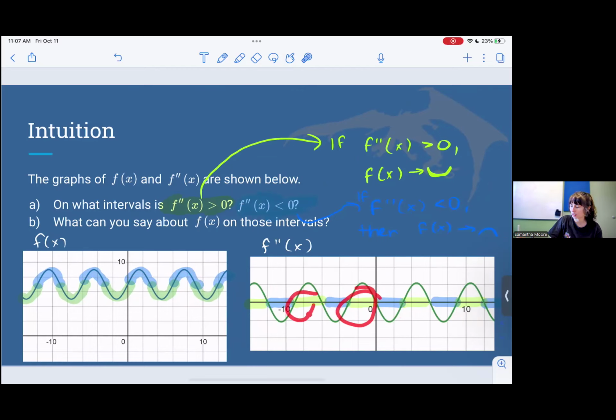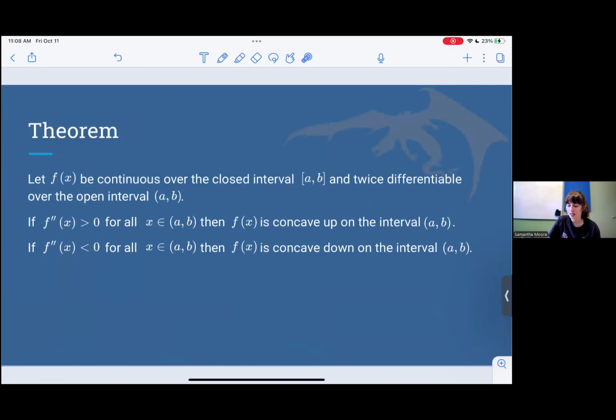And in the regions where we had positive f double primes, those seem to be the regions where f is facing upwards or opening upwards. Okay, so that is our intuition. And it turns out that that is just generally true. We took that from this one example, but if you played with a bunch of different graphs, this really is the idea that we should get.